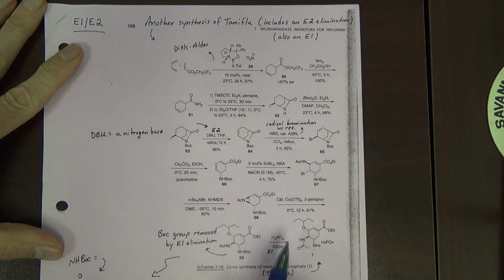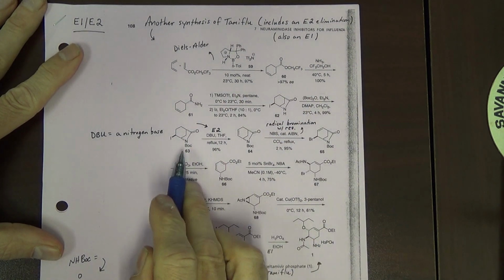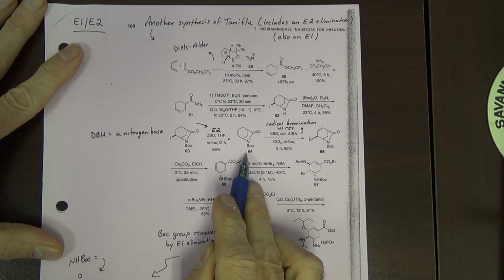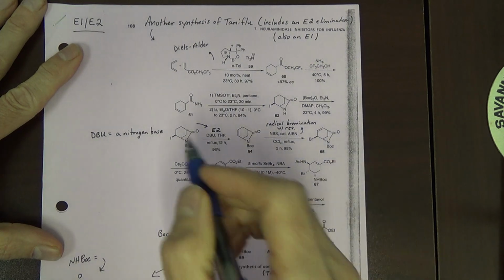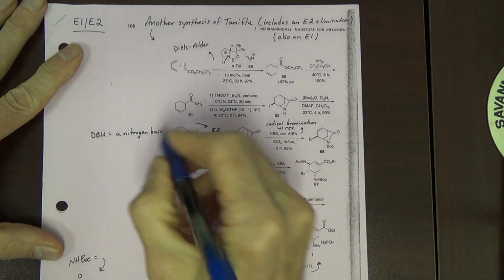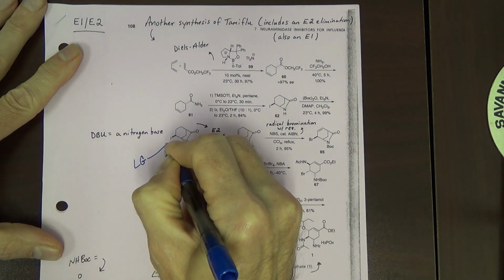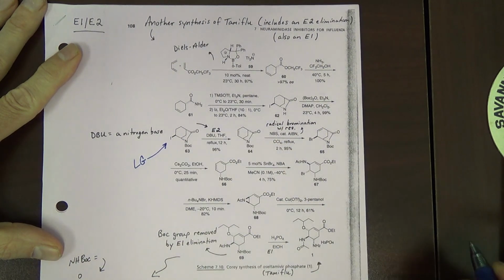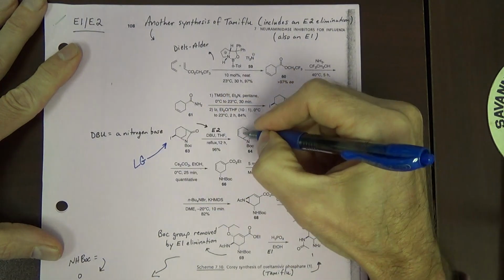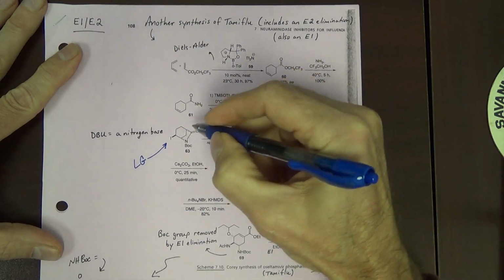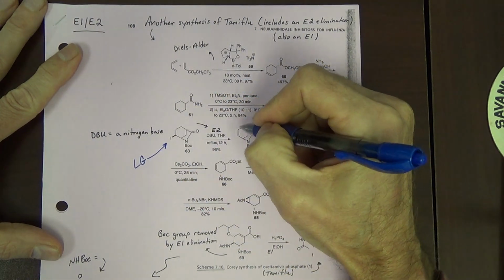It's a multi-step synthesis, but in one of the reactions going from 63 to 64, we see an example of an elimination reaction. This is an iodine here, and this is our leaving group. And in this reaction, the iodine is not substituted, it's not replaced, but it is eliminated, it's removed.